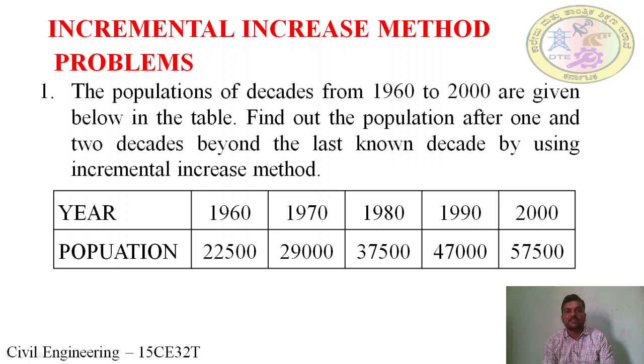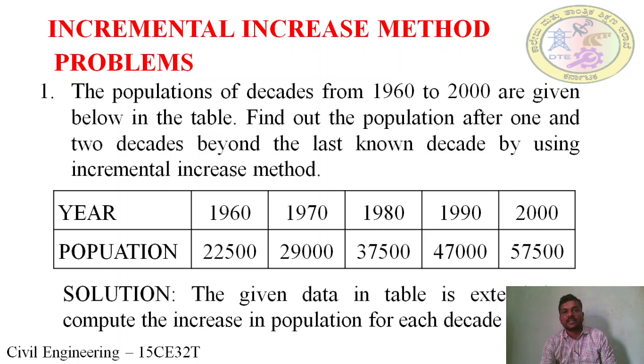Find out the population after 1 and 2 decades beyond the last known decade by using the incremental increase method. The populations for 1960, 1970, 1980, 1990 and 2000 are given. We need to find out the population for the year 2010 and the year 2020.